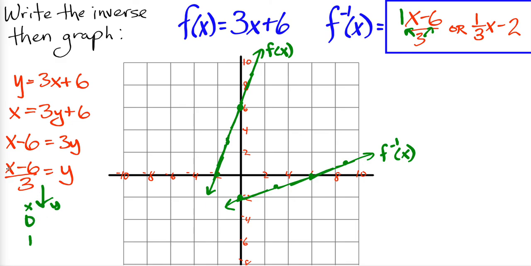If I put 0 in place of x, I'd have 0 minus 6, which is -6, divided by 3, which would be -2. If I put 1 in place of x, 1 minus 6 is -5, divided by 3, is -1 2/3. So I could just make a little table, which may or may not be okay.